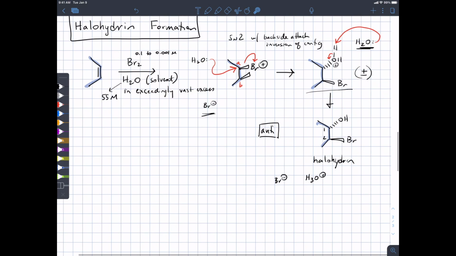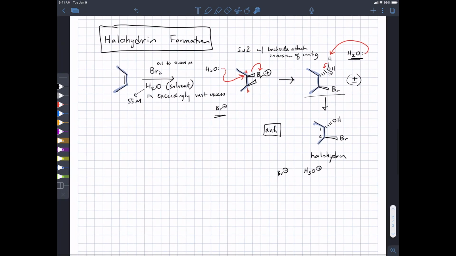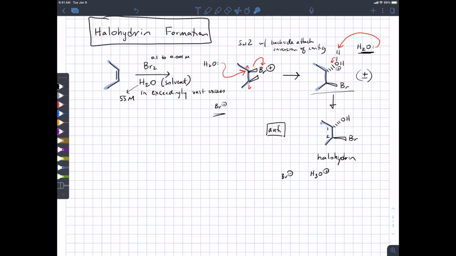Okay, so making the halohydrin is exactly the same as making the dibromide, only you're including water so that it does the attacking in the second step. However, the fact that carbon A and carbon B don't end up attached to the same things means that there's a potential for connectivity differences.